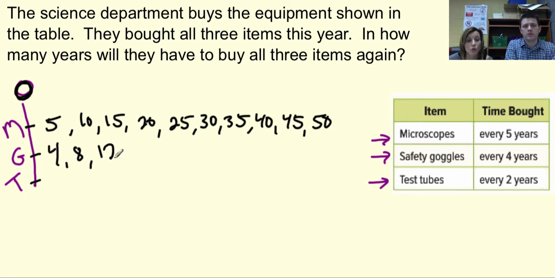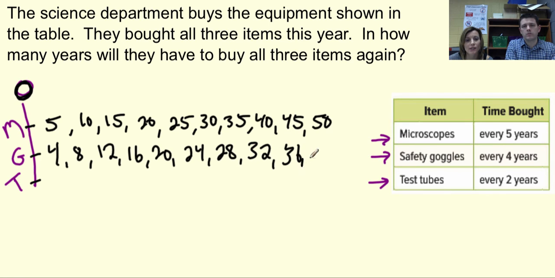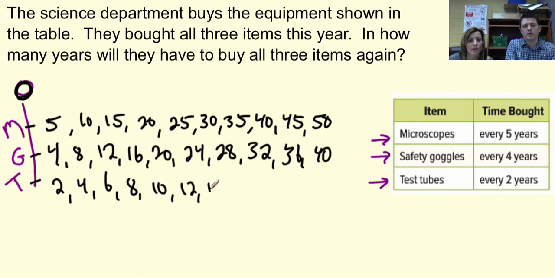8, 12, 16, 20, 24, 28, 32, 36, 40. Okay. And then test tubes are going to be every 2 years. So 2, 4, 6, 8, 10, 12, 14, 16, 18, stop. 20.